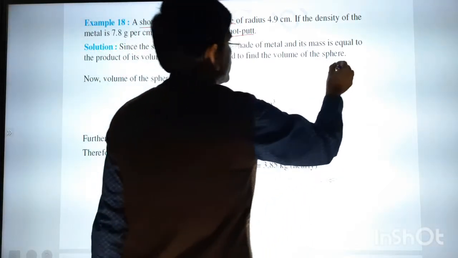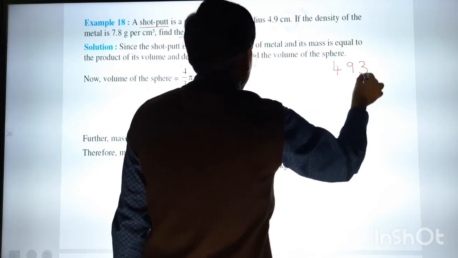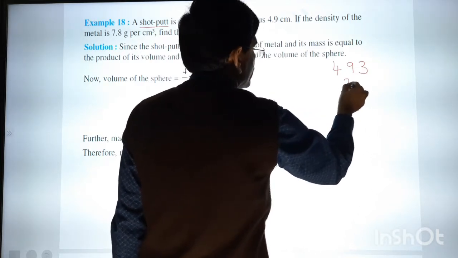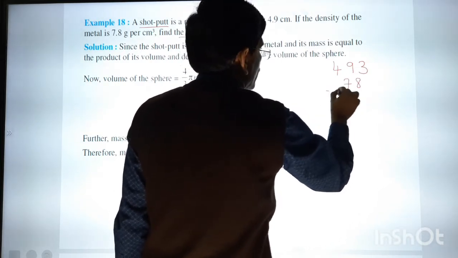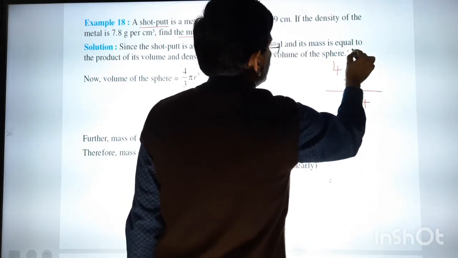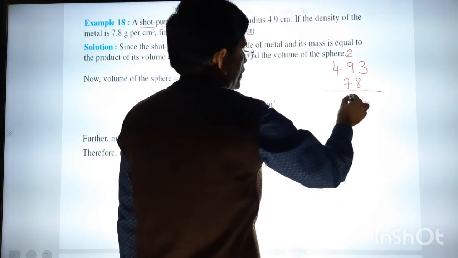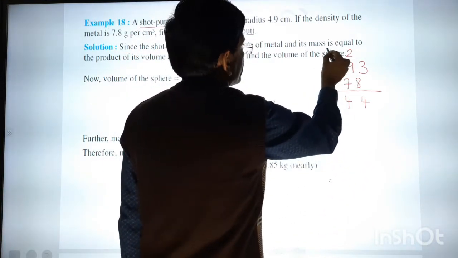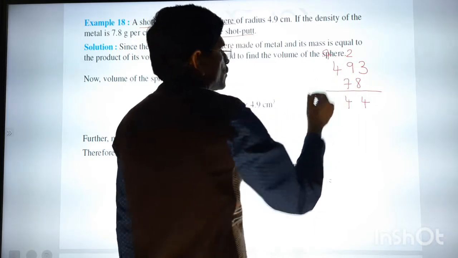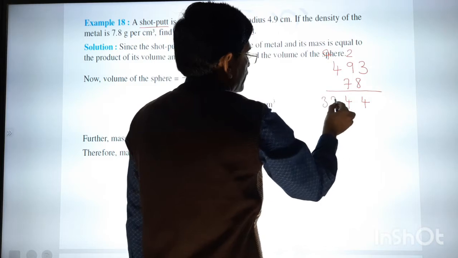So 493 multiplied by 78. Now 8 3s are 24, carry 2, 8 9s are 72 plus 2 is 74, carry 7, 8 4s are 32 plus 7, 39.